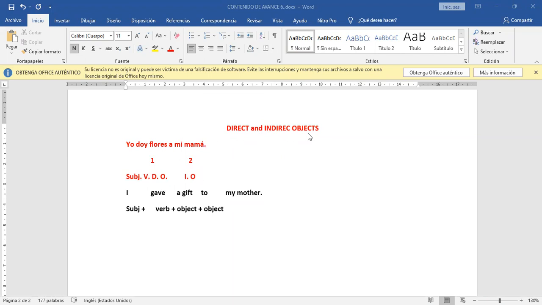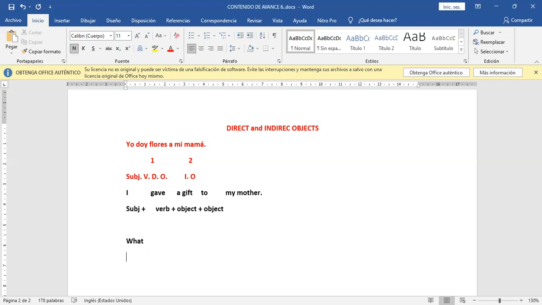So, direct and indirect object. Now we have to know which one is the direct object, which one is the indirect object. Generally, my friends, the direct object answers to what?